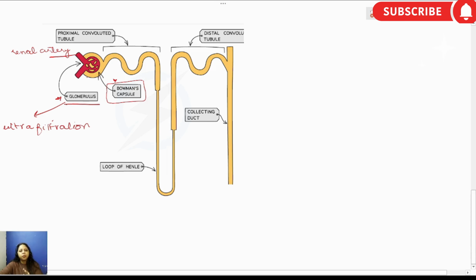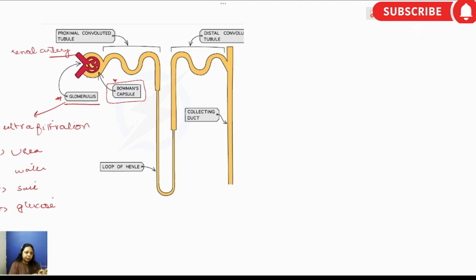which causes the filtration. The smaller molecules pass through, which are urea, water, salt, and glucose. The molecules which do not pass are the bigger molecules like red blood cells, white blood cells, platelets, maybe amino acids, some proteins, maybe fats, fatty acids, glycerol.